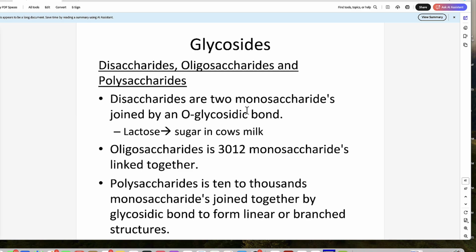They are often attached by an N or O glycosidic bond to proteins to form glycoproteins. When you hear polysaccharides, it could be 10 to thousands of monosaccharides joined together to form a linear or a branched structure.